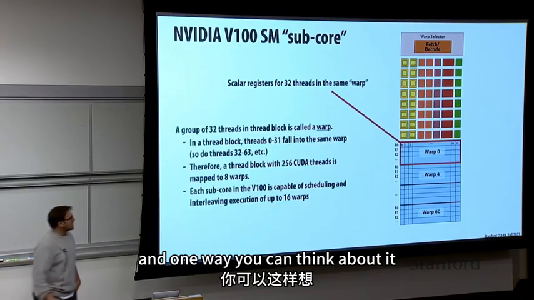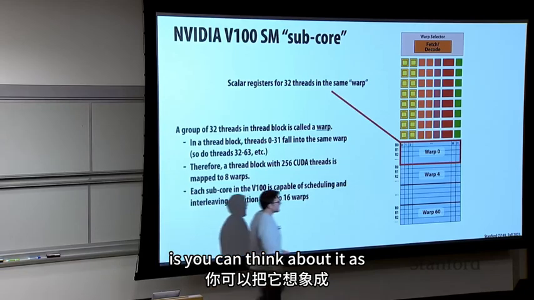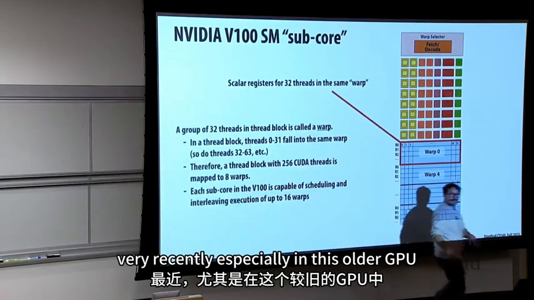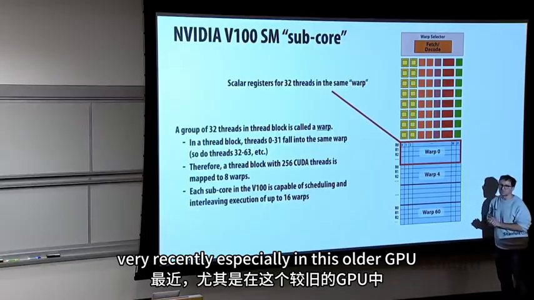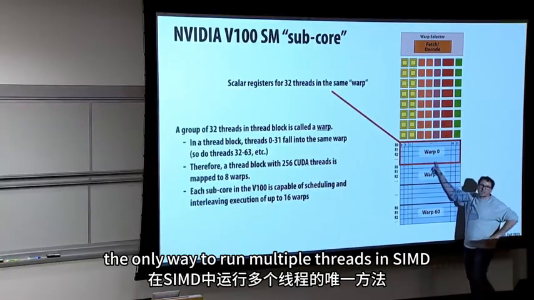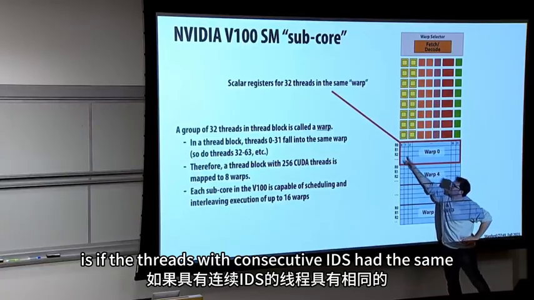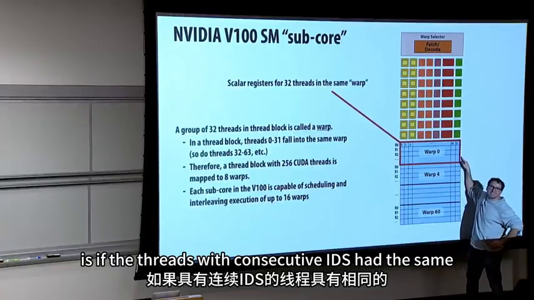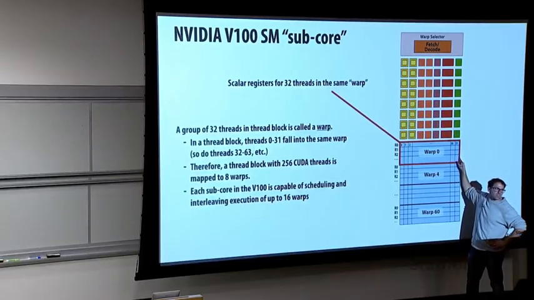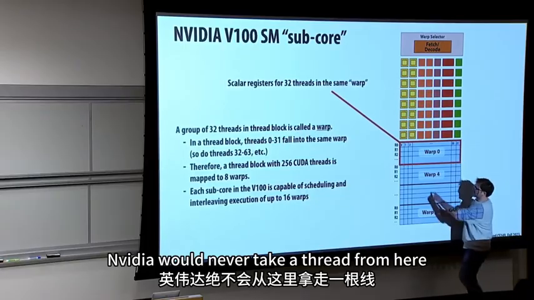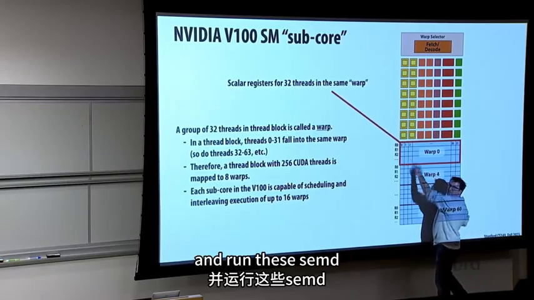And one way you can think about it is, up until very, very recently, especially in this older GPU, the only way to run multiple threads in SIMD is if the threads with consecutive IDs had the same operation. NVIDIA would never take a thread from here and a thread from there and run these in SIMD.